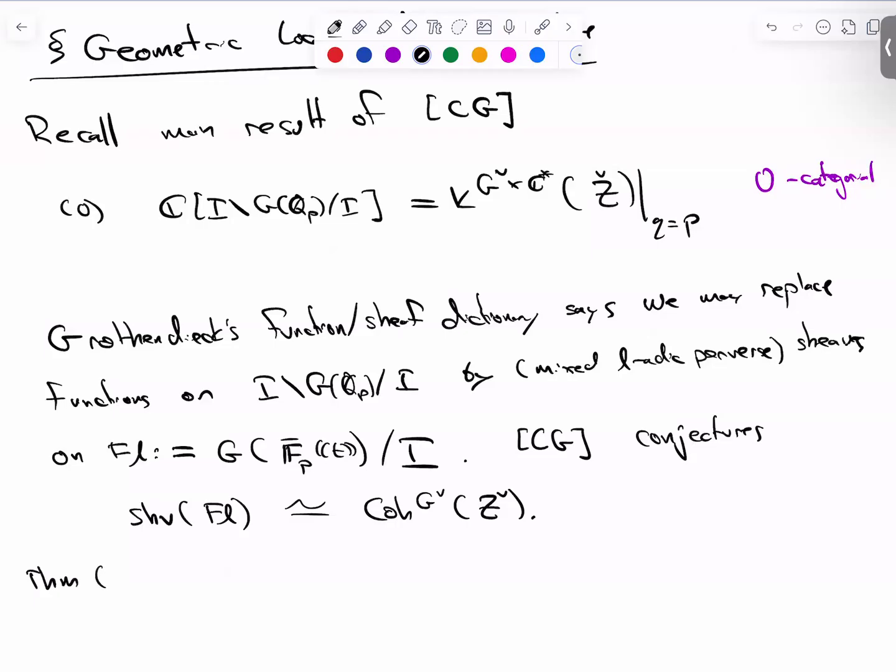Why did we move from Q_p to F_p bracket T? I believe I could still write Q_p.